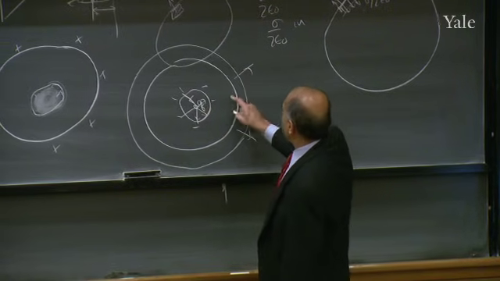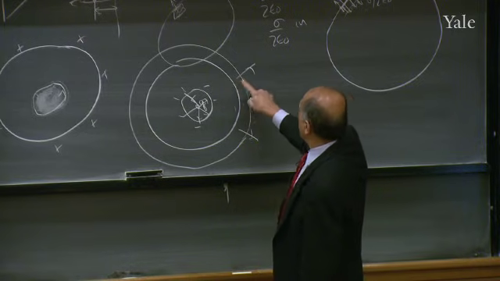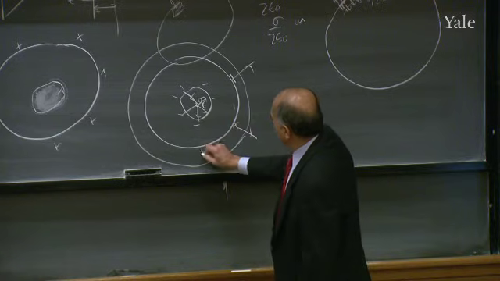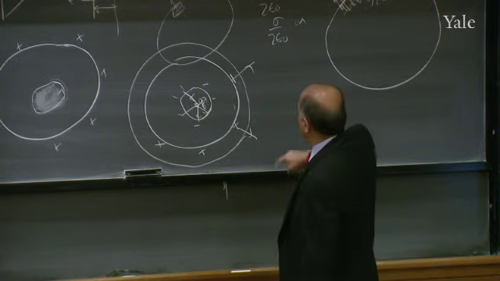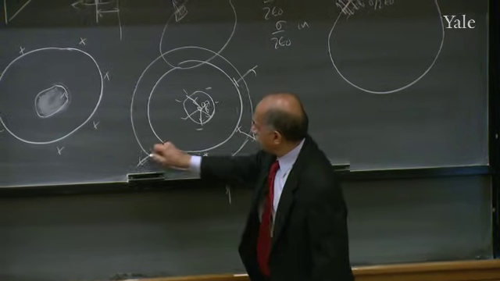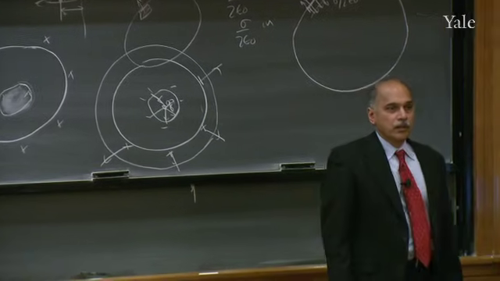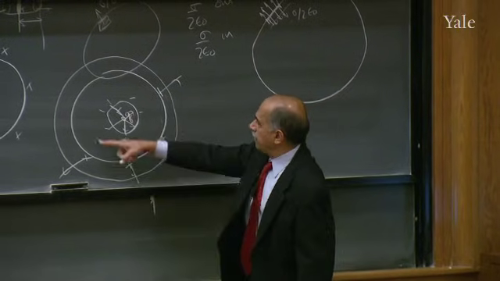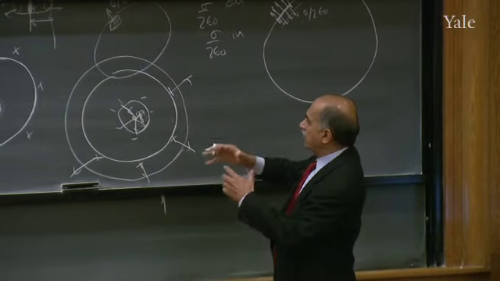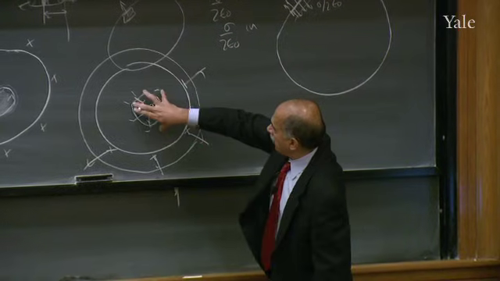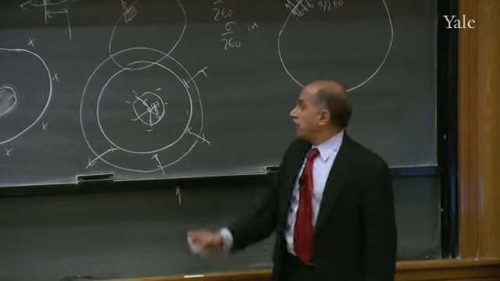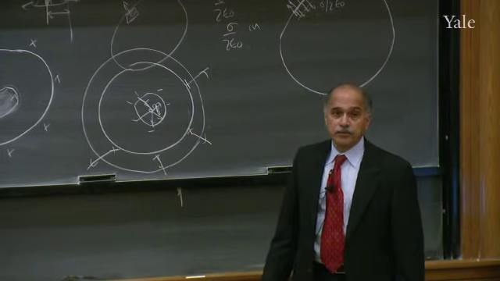And then out here will be some compensating plus charges that will produce the field, that will produce the lines going out. In other words, this is really like a chunk of copper I showed you, where it screens the field by polarizing into a negative part on this wall and positive contribution on the outer wall, so that inside there is no field.